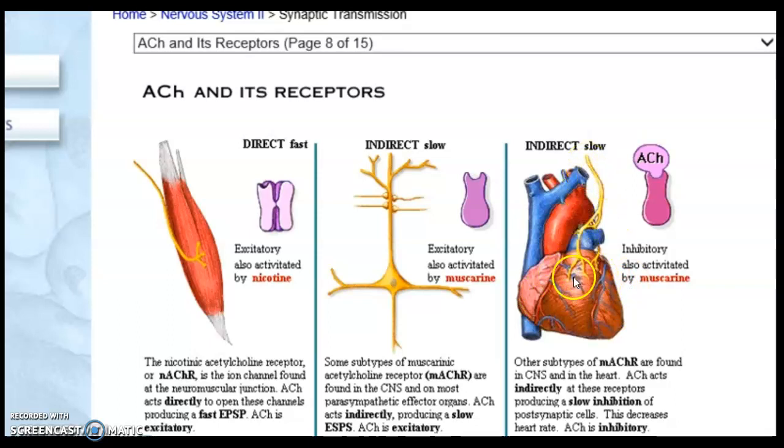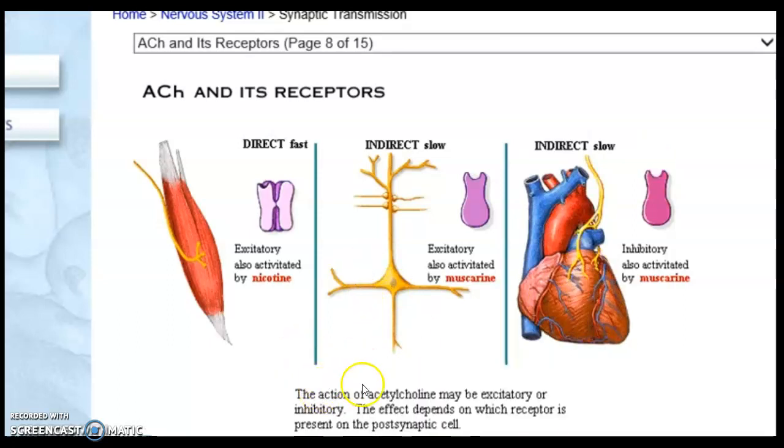So this nerve would start doing its job, releasing acetylcholine to the inhibitory cholinergic receptors, and it would inhibit and slow the heart down. In this case, it would decrease our heart rate. So that's really important. Bottom line, the action of acetylcholine can be either excitatory or inhibitory. What determines it is the kind of receptors and where they are.